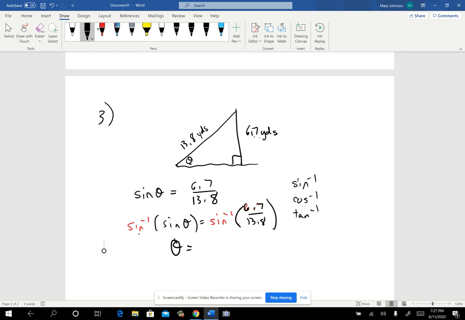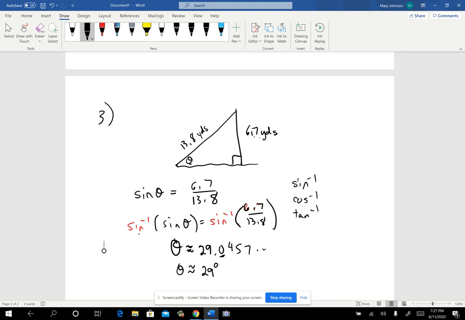So on our calculator, we see that the angle turns out to be about 29.0457 and has more going on. And that problem said to find the angle to the nearest 10th. So that would be 1 decimal place. So it'd be about 29 degrees. Okay.